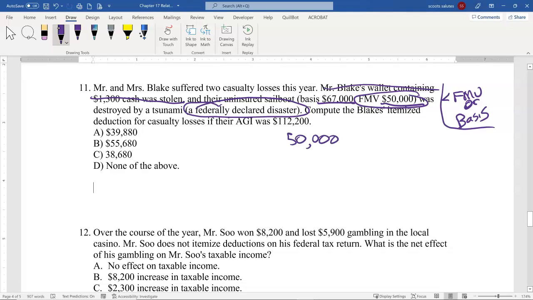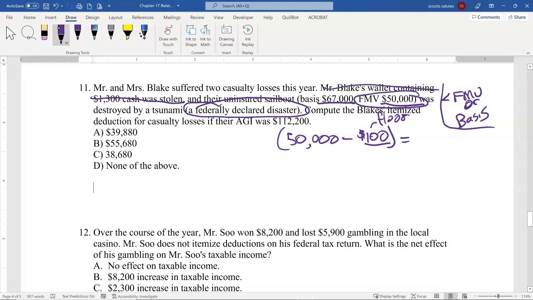If you look in the chapter, and I can't tell you exactly why they did this, but there's this thing called a floor. So they have a $100 floor. Basically, for each incident, you need to reduce the amount by this $100. In other words, they think you could easily eat the first $100 and then not have to file it.